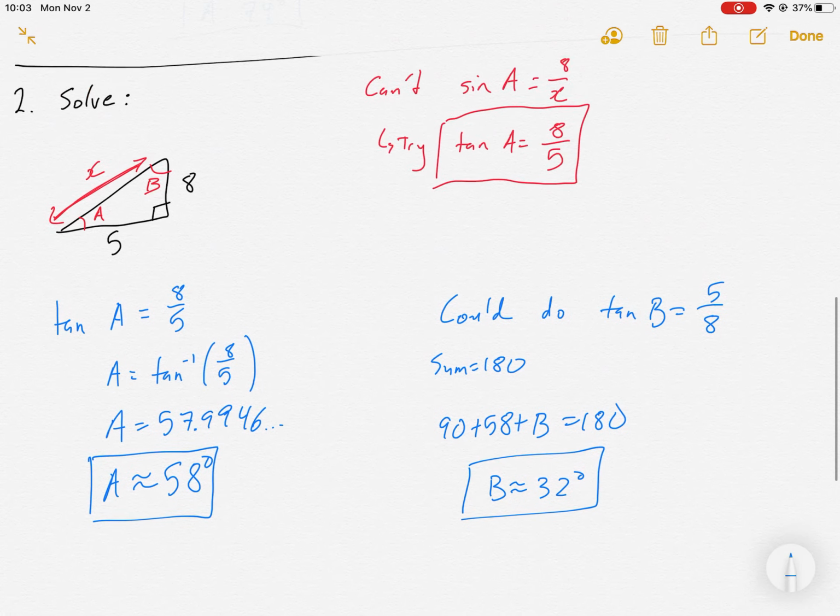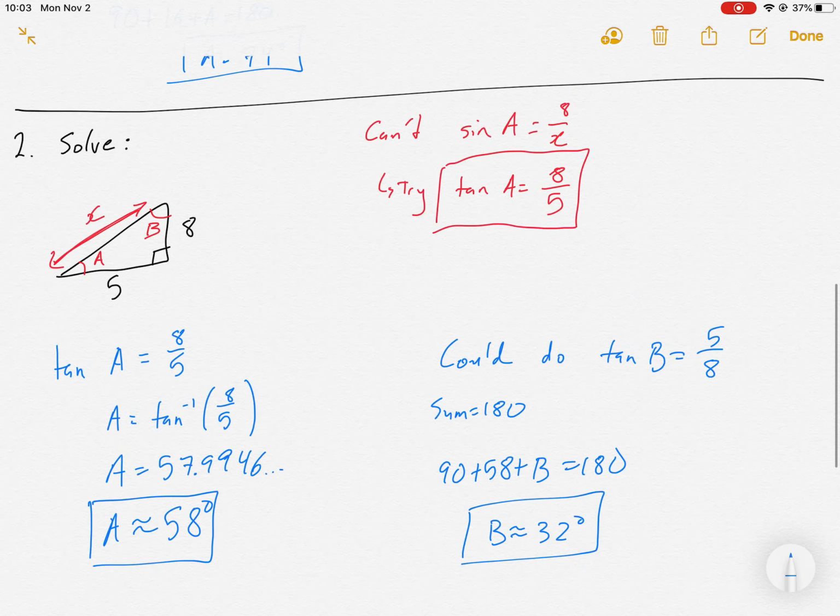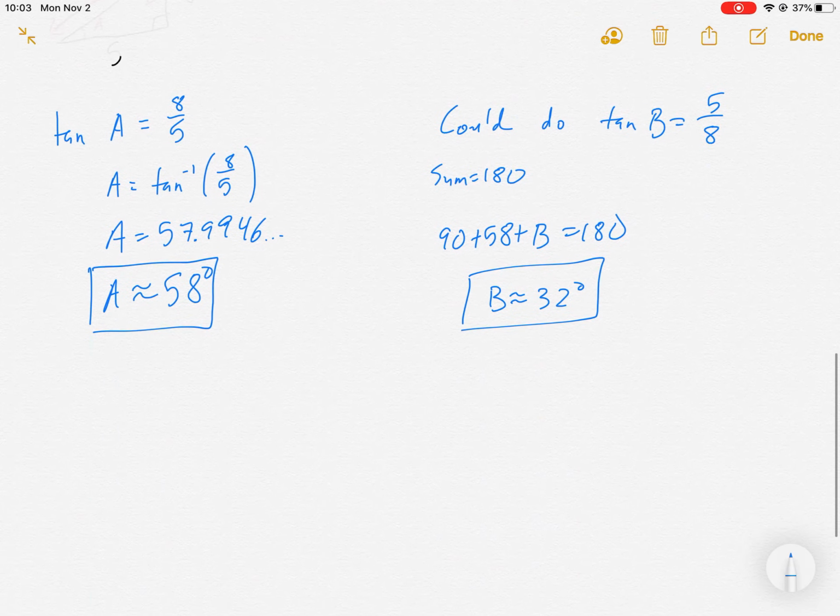Okay, so now what we could actually do is we could go back to this original here, and we could actually say that sine of 58 degrees has to equal 8 over X. And now we could actually solve for X. X would be 8 divided by sine of 58 degrees, whatever that might be. So let's go ahead and do it that way. You might have an alternate method, which I'll come back to.